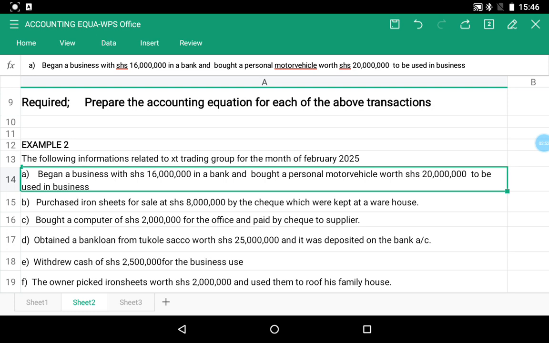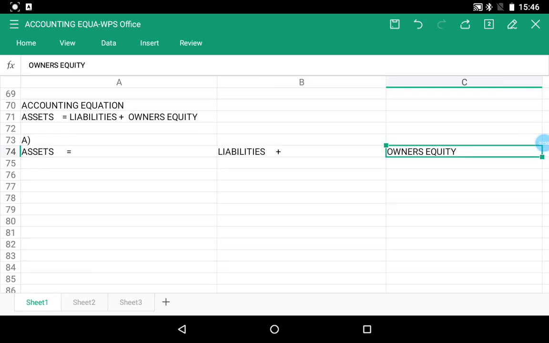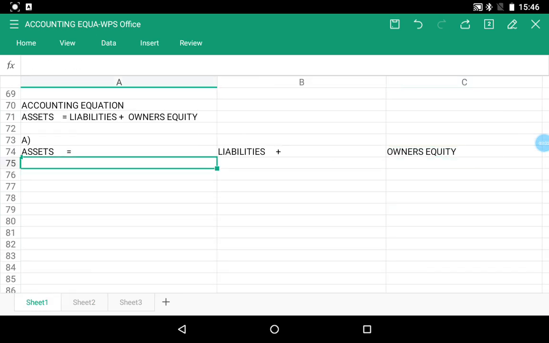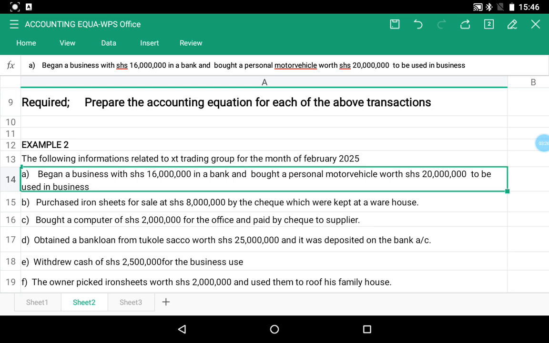When you check here, he began a business with shillings 16 million in a bank. That means he began a business with an amount of money worth 16 million at bank. So under assets we are going to have bank, 16 million. Then he also started a business with a vehicle worth 20 million.